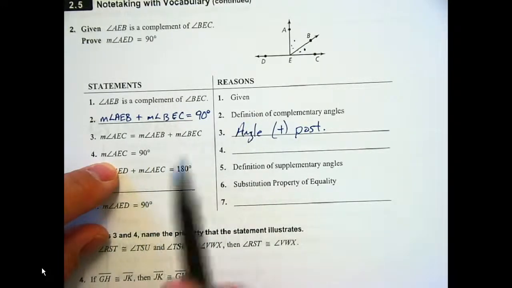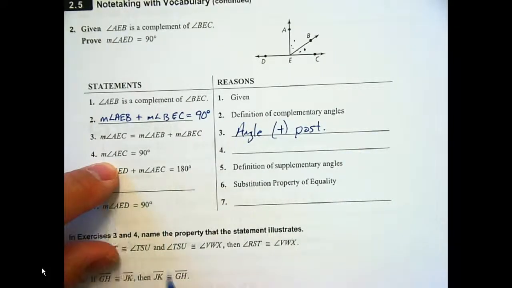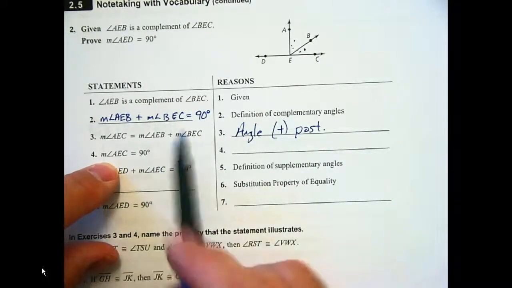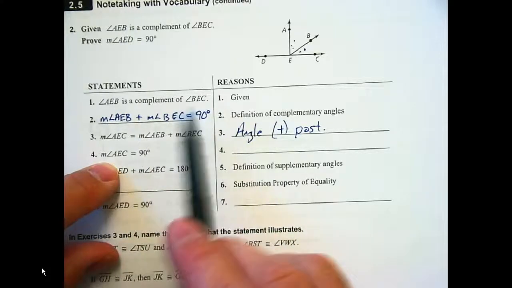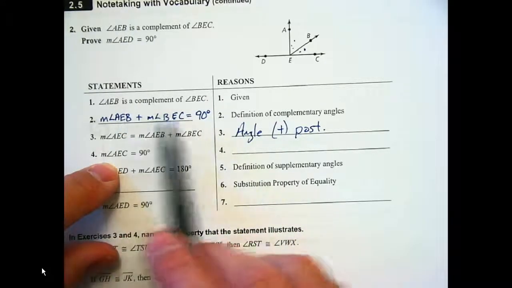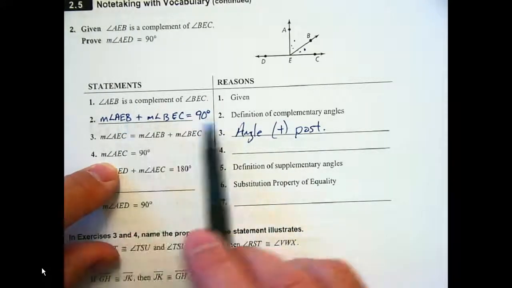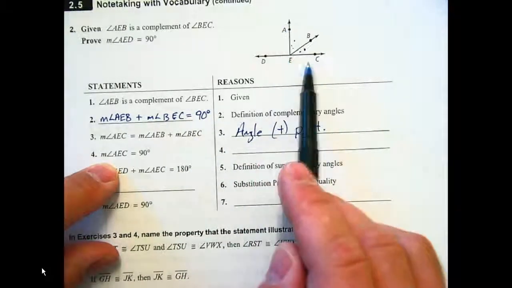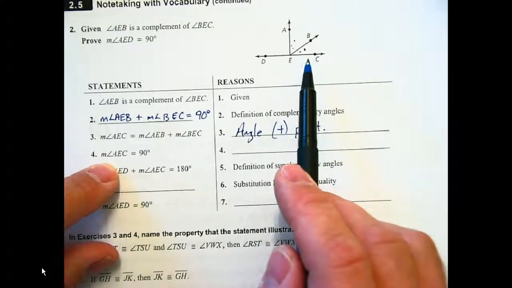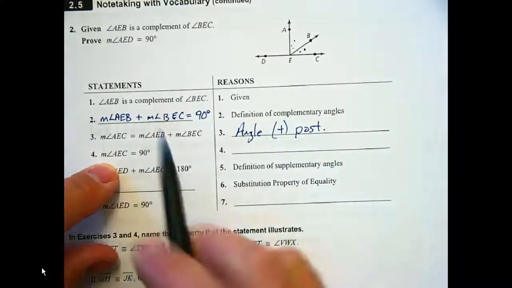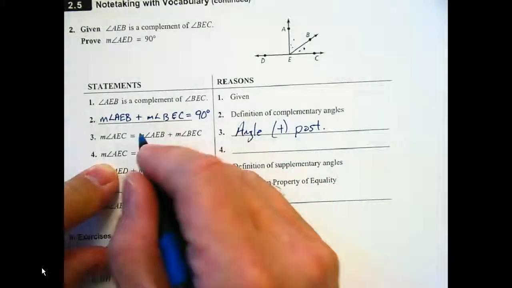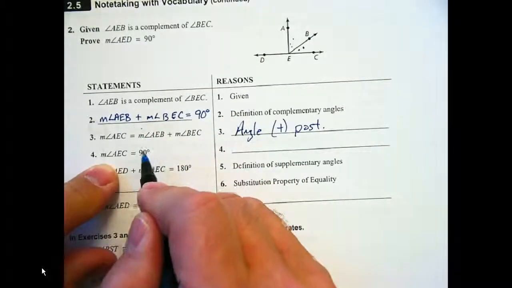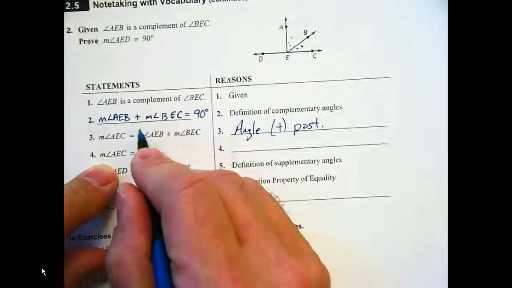Carla? I think you might be getting ahead. Okay, AEB plus BEC are complementary and they equal 90. How do we know this equals 90? Because AEB plus BEC equals 90 degrees. And AEC equals AEB and BEC.